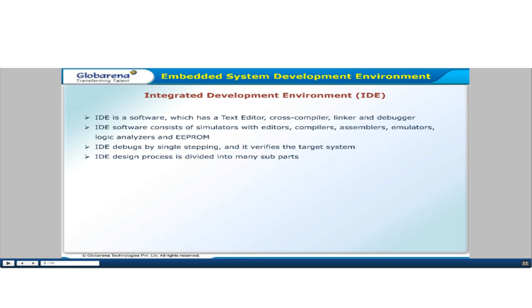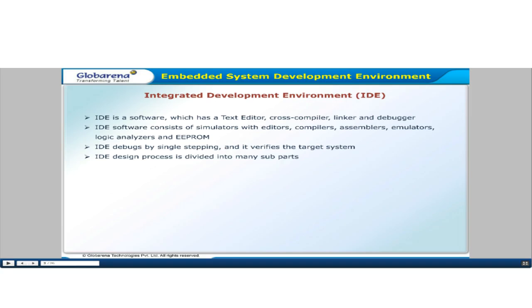So IDE is a software which has a text editor, cross compiler, linker and debugger. It is the software which is used to compile, link the program and debug the programs.